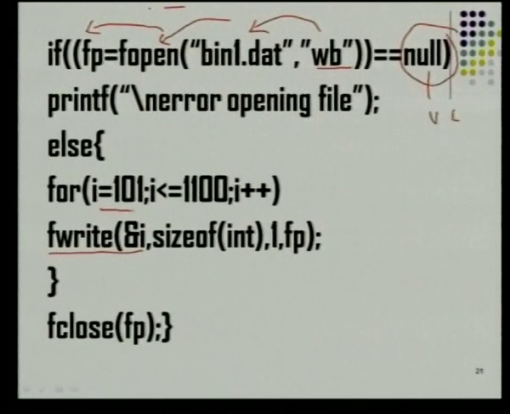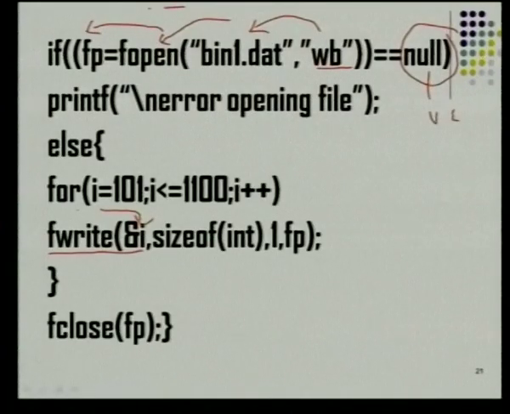So here you have this i, which is to be written. There, the first argument pointed to the data that is to be written. Here i is the data that is to be written, that is why you are giving ampersand i. Then sizeof int is the size of the data block; however many integer values there are, that is multiplied by 2 bytes of storage. Then you have 1, only one block of data is being transferred at a time from 101 to 1100. And then you have fp, which is the stream pointer.